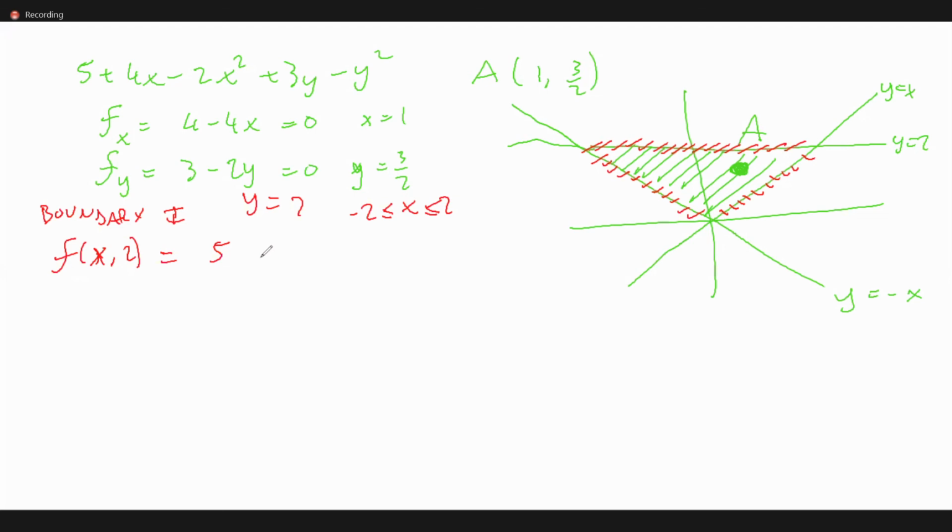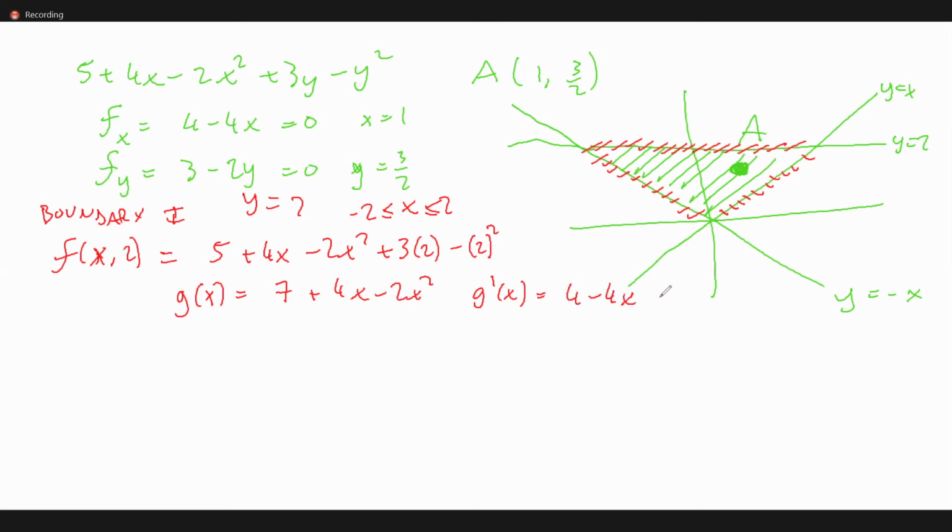So this becomes 5 plus 4x minus 2x squared plus 3 times 2 minus 2 squared, giving us the function of only one variable as 7 plus 4x minus 2x squared. We take the first order derivative and we have 4 minus 4x. We set this equal to 0 and we find x equals 1 as a critical point.